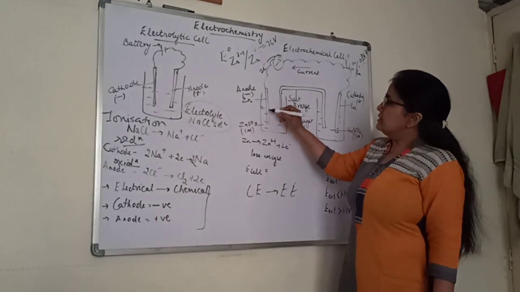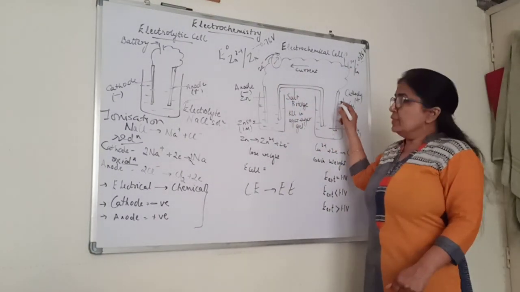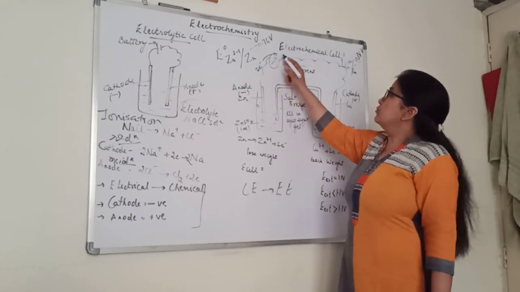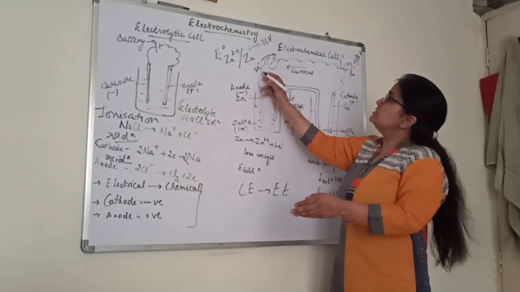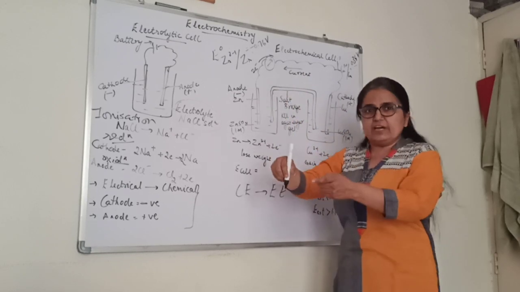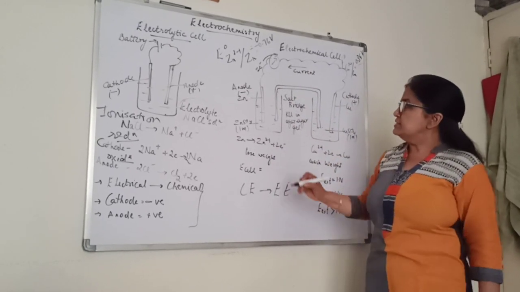Electrons given by this zinc rod will move towards the cathode. That means they are moving through the external circuit. Electrons are moving in this direction towards the copper rod. Because electrons are going this side, the current will flow in the opposite direction. Electrons and current always flow in opposite directions.